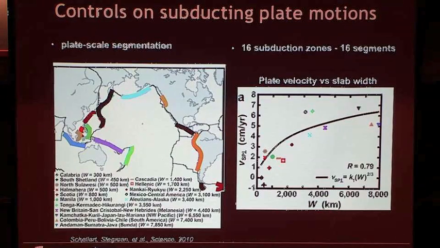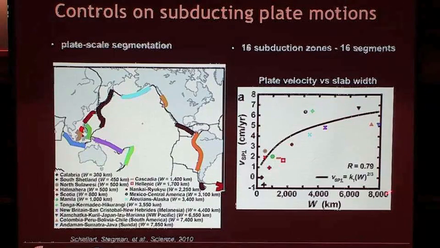So we took about 16 of these subduction zones, and they're color coded here as to their names, and then we plotted their subducting plate speeds. How fast are they moving in that reference frame that we think is the mantle reference frame? There's this interesting seeming correlation. There's a few outliers here, but it seemingly correlates with the width of the plate.